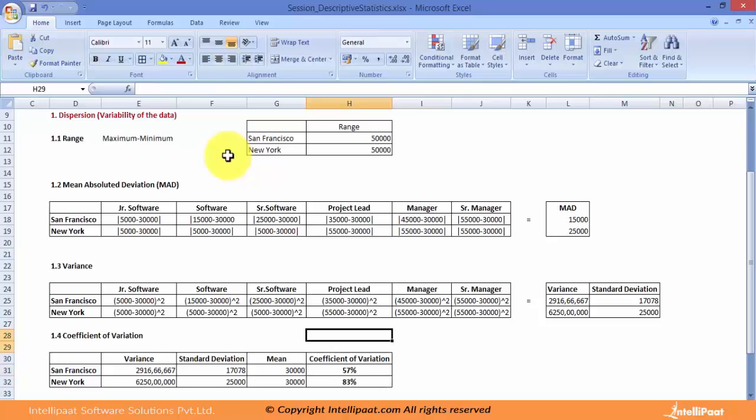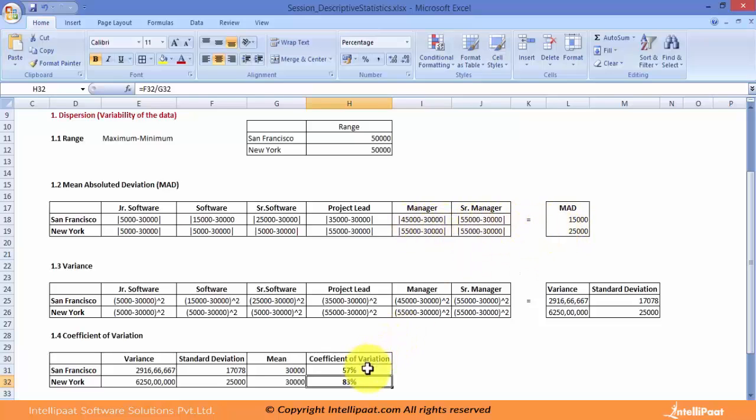If you look at these three measures, mean absolute deviation, variance and coefficient of variation, they are all capturing almost the same kind of information but in different units. Mean absolute deviation tells us that most of the salaries are not far from the mean.